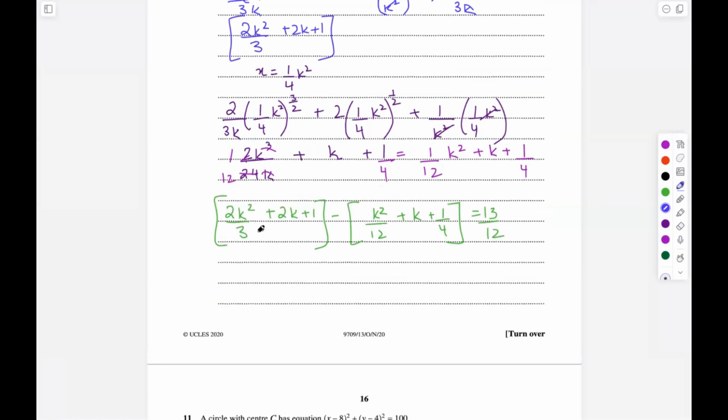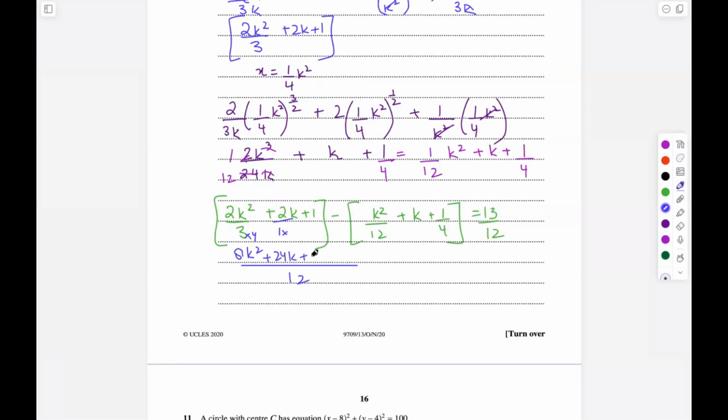So first we can take the LCM on the whole left hand side. The denominator is 12, so the LCM will be 12. We'll have to multiply this by 4, so that will become 8k squared. This will multiply by 12, so this will become 24k.